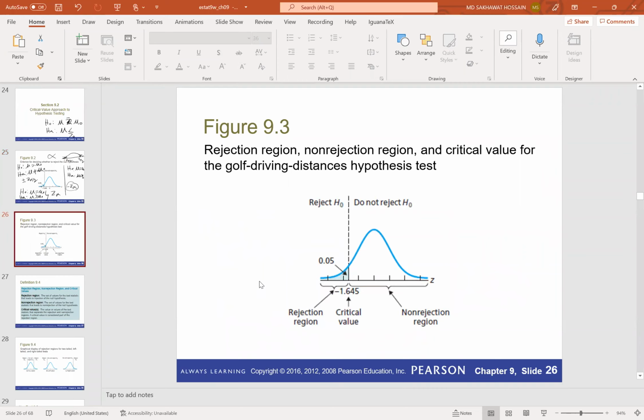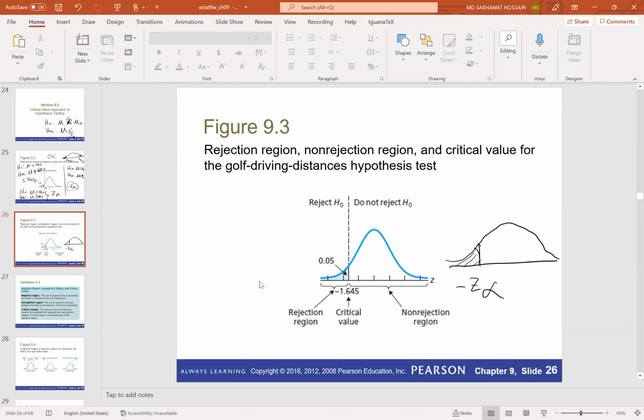Okay. So what are the rejection region, non-rejection region, and critical value for? We can find the critical value, then we'll determine the rejection region and the non-rejection region for the hypothesis test. For a left tail test, the rejection region will always be on the left side. We just need to find the critical value, which is negative z alpha.